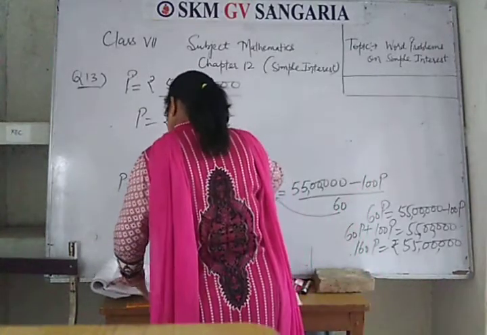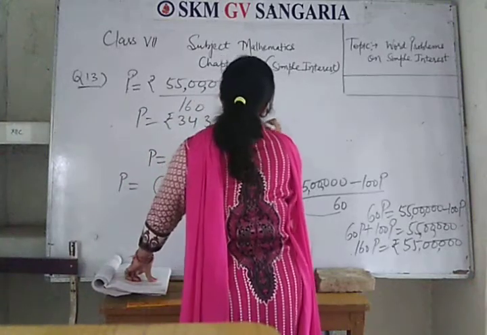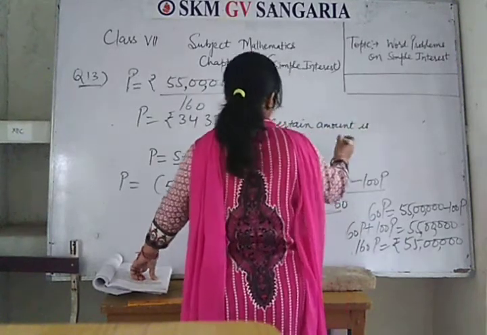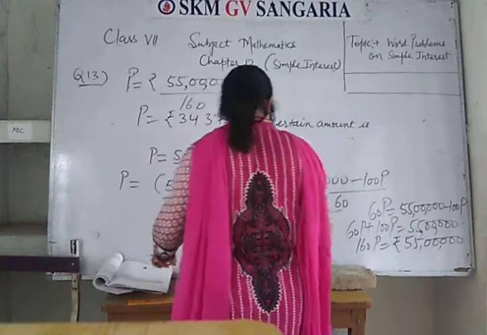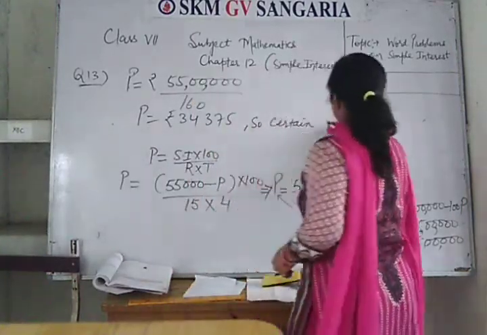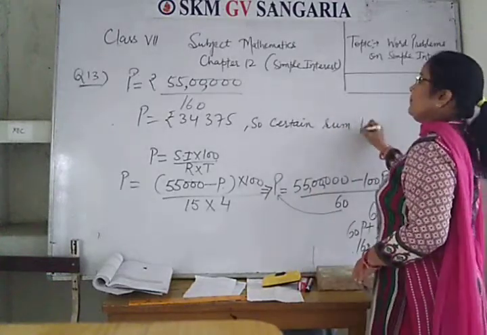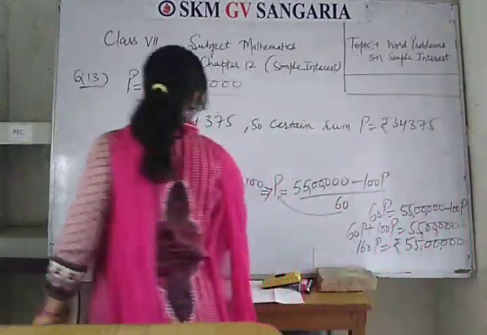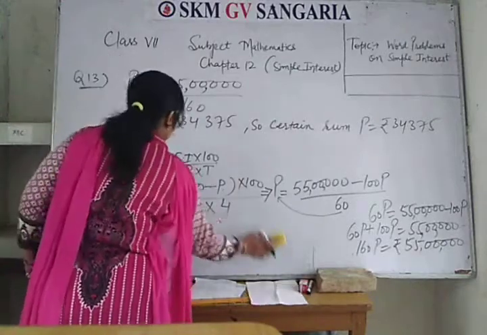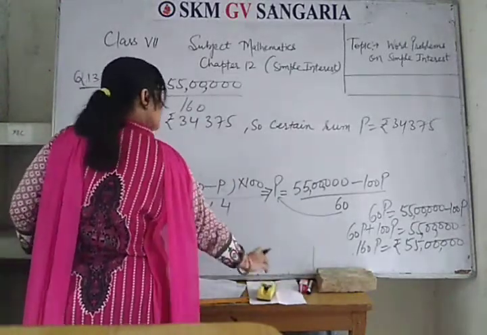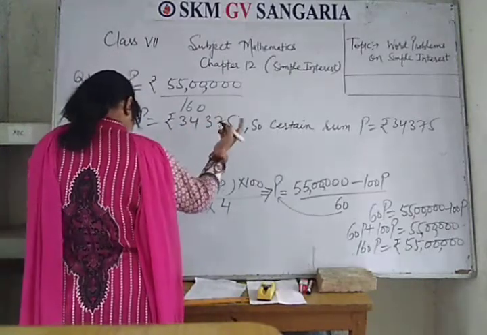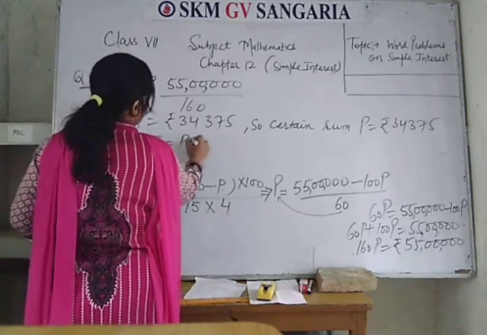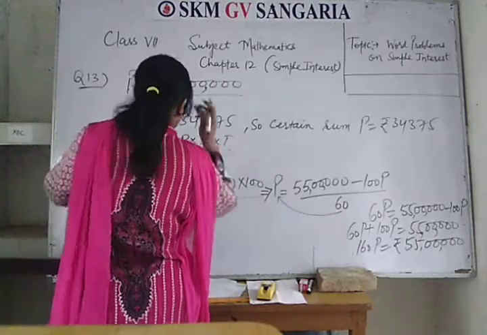So the certain sum P is rupees 34,375. So we know the principal, and we will get the simple interest, that is P into R into T divided by 100.